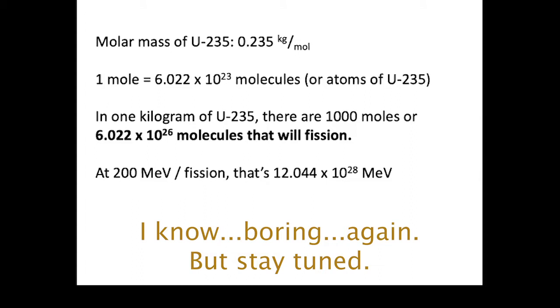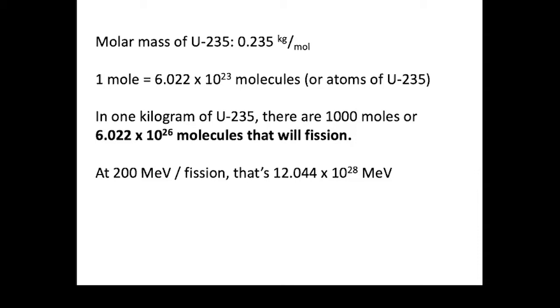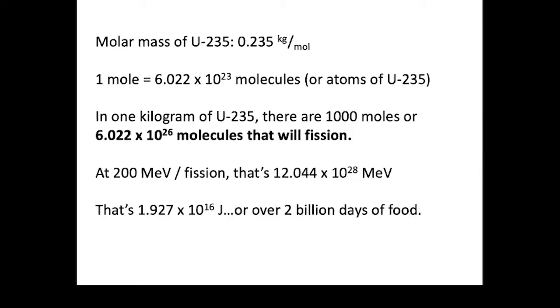At 200 mega electron volts per fission, that's 12.044 times 10 to the 28th mega electron volts. Or for those of you who are really dedicated to scientific notation, 1.2044 times 10 to the 29th mega electron volts. That works out to 1.927 times 10 to the 16th joules.